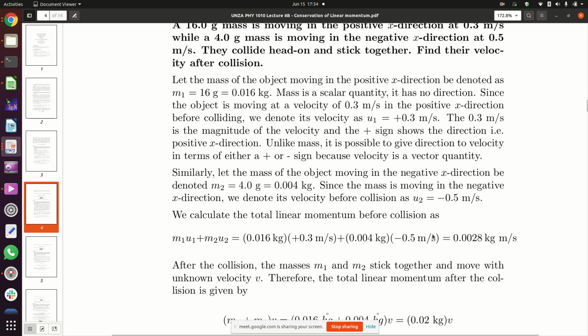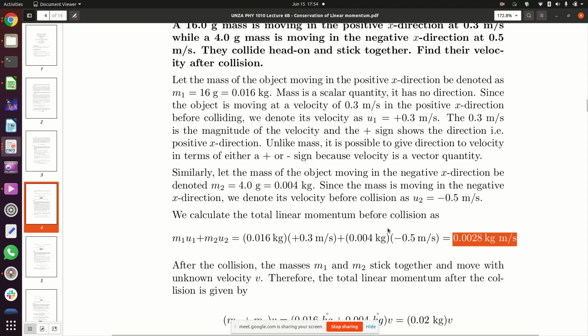So you can see in this case that when you are trying to work out how much motion is happening, if objects are moving in different directions, one object moving in this direction, the other in the opposite direction, there is a minus here. This minus here reduces the total linear momentum.